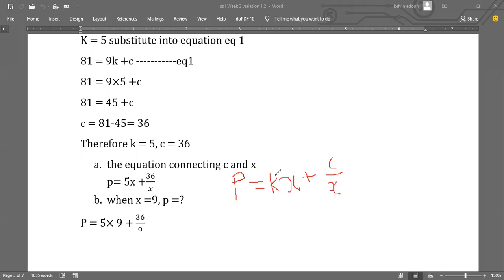Remember? So what is our k now? 5. 5 times x, 5x, plus c. What is our c? 36 over x. So this is the equation connecting them.